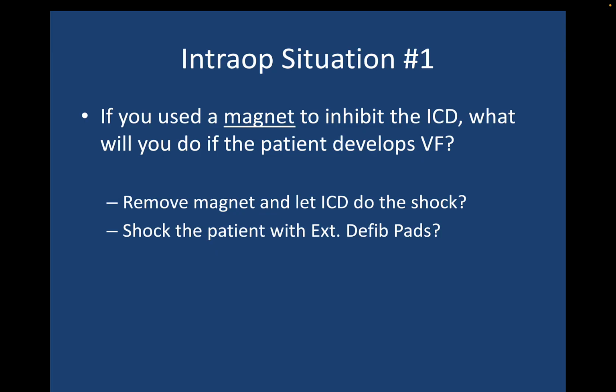So you might have a 15 to 20 second delay from the time that everybody sees the patient's in VF and you take the magnet off before the ICD will actually deliver the shock. So if you're willing to wait that long while everybody's looking at you, sort of saying, do you know what the hell you're doing, then go ahead and take the magnet off and let it do the shock.